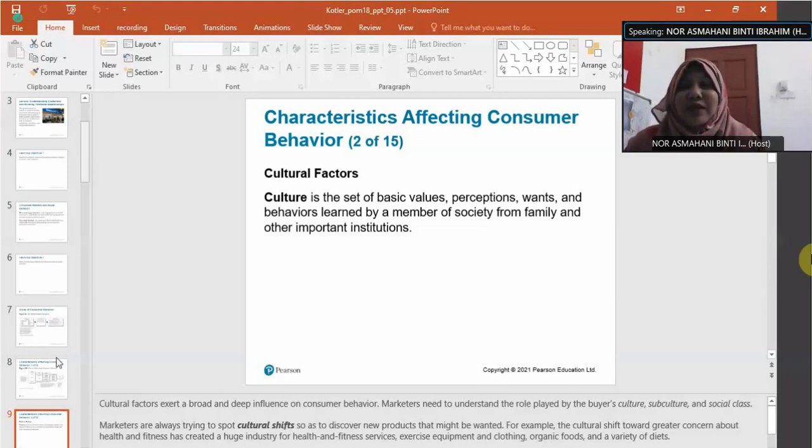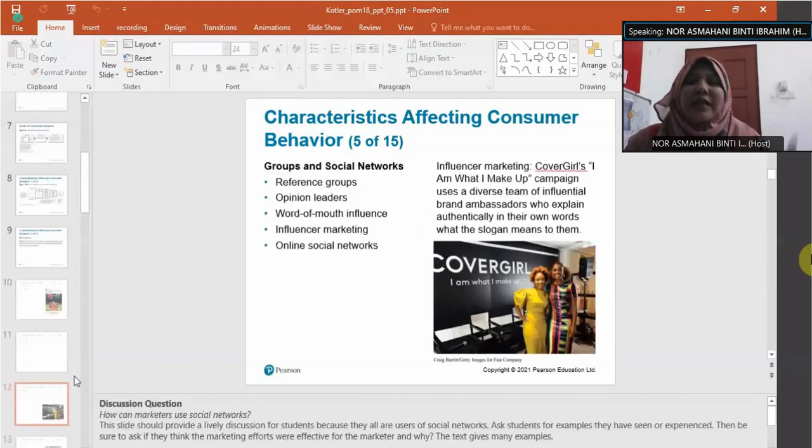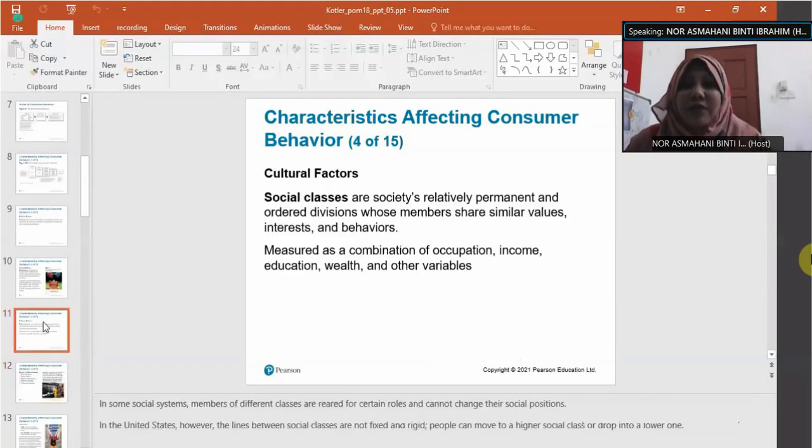Right? Culture shapes what we wear, what we buy, the service that we get, right? And it's learned from society. It's learned from family.